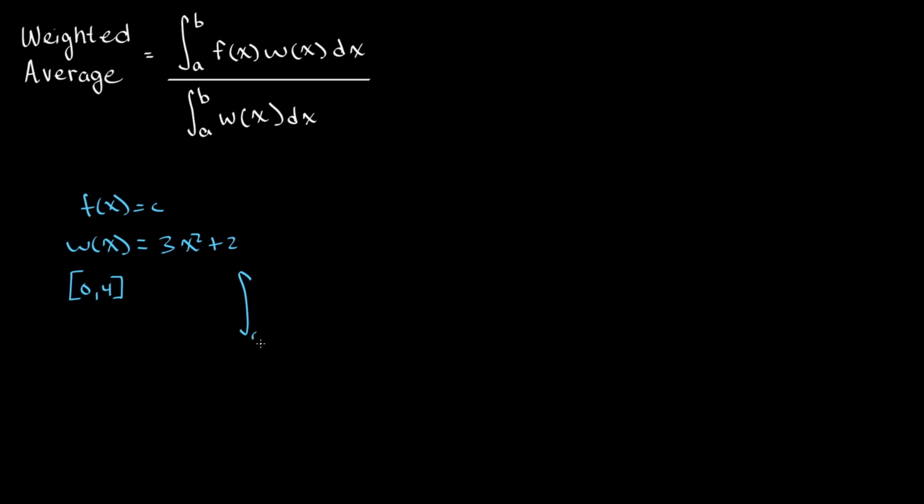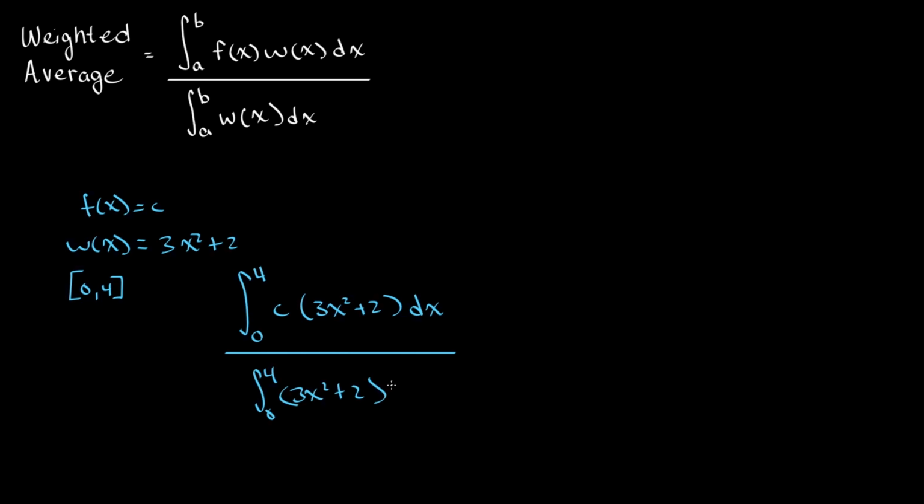We'd have the definite integral from 0 to 4, and our function is a constant, c, multiplied by our weighting function, 3x squared plus 2, dx, and then we divide by the definite integral from 0 to 4 of our weighting function, dx.